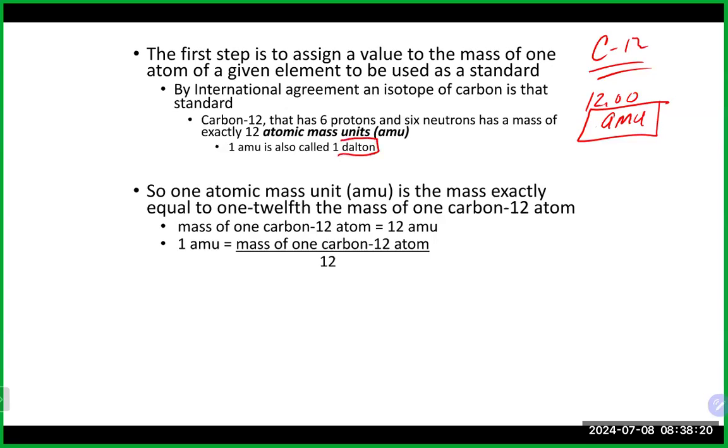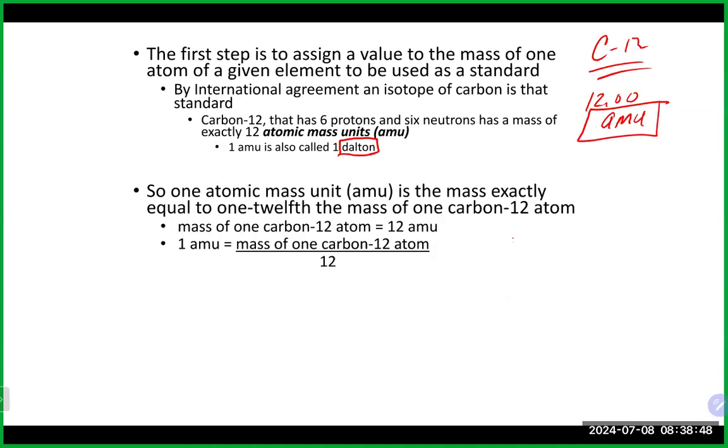It is also sometimes referred to as a Dalton, but atomic mass unit is a unit that, as we'll see as we go through this chapter, we don't really use all that much anymore here in chemistry, but it is the unit of atomic mass that we can take from the periodic table. So one atomic mass unit is exactly 1/12 the mass of a carbon 12 isotope.